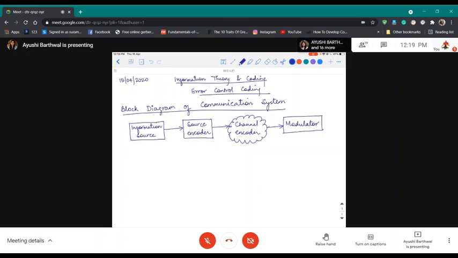Then modulator is present. And these three blocks are the part of transmitter. So after information source, there is a transmitter, and inside the transmitter there is a source encoder, channel encoder, and modulator.